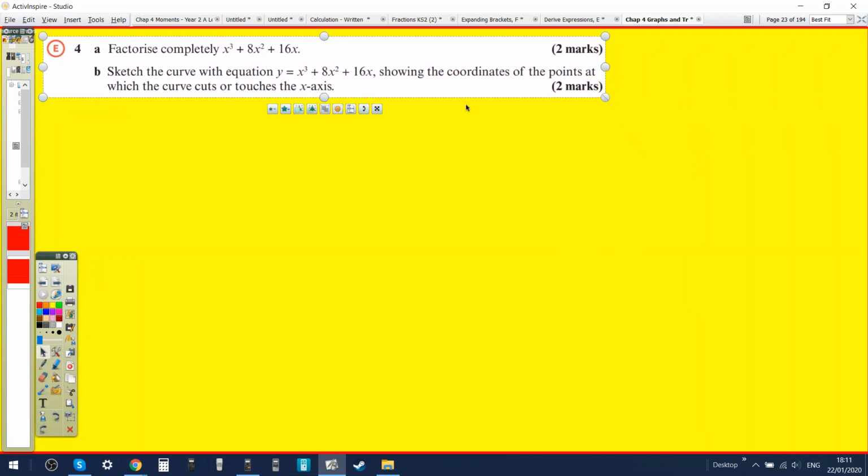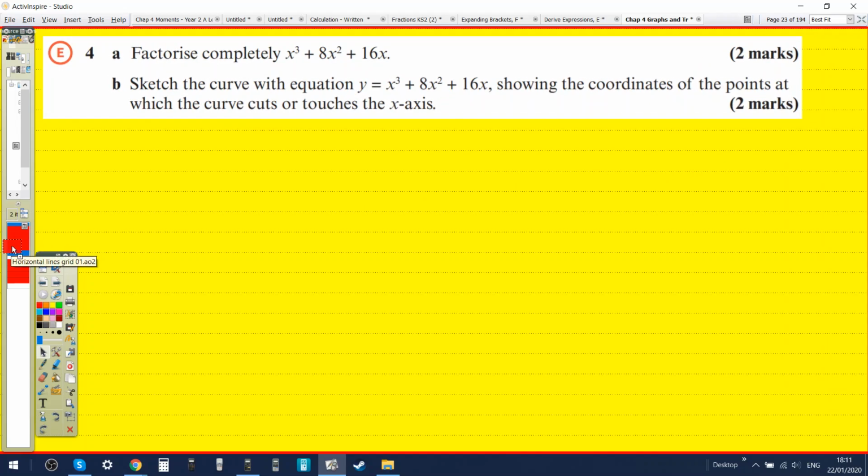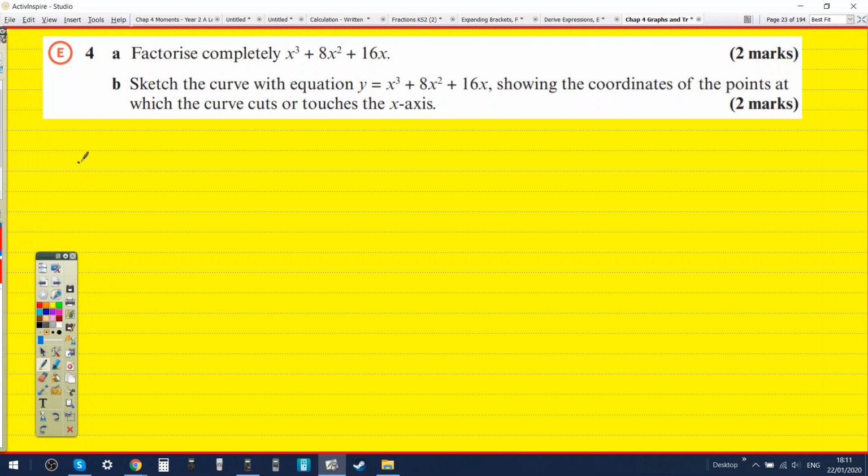This is an exam question. Okay, what is part A? How many marks is it? 2. So can you just use your calculator? Always, unless it says using an algebraic method.